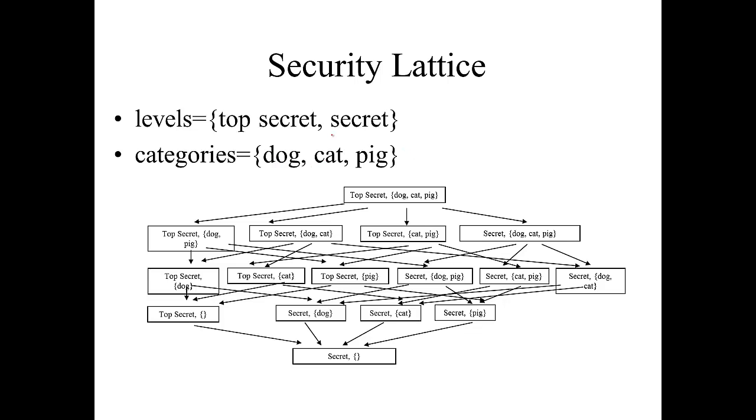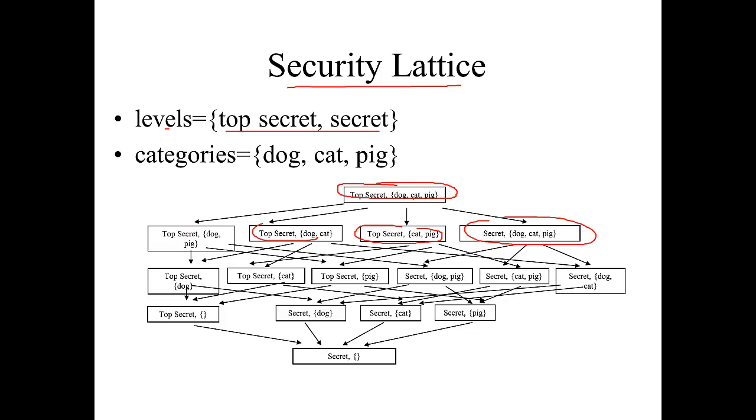There is a more complex security lattice. We have 2 levels here, but we have 3 categories here: dog, cat, pig. Okay, then you will see this is the topmost level. Then this is lower than this one, and this one is lower than this one. This one also is lower than this one. This one also is lower than this one.